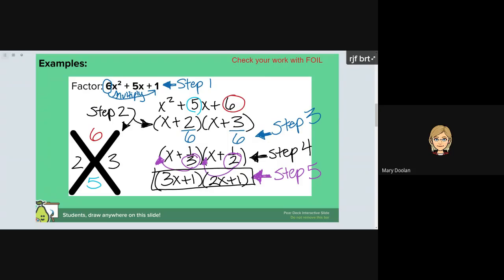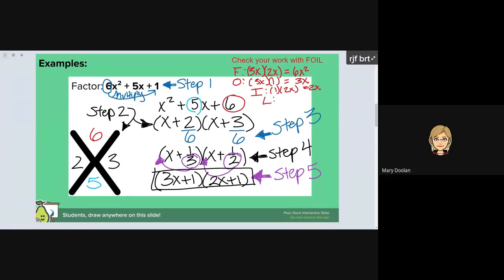FOIL, so F stands for your first terms, which means 3x times 2x, which is 6x squared. O stands for outside terms, 3x and 1, which is just 3x. I stands for your inside terms, 1 and 2x, which is just 2x.